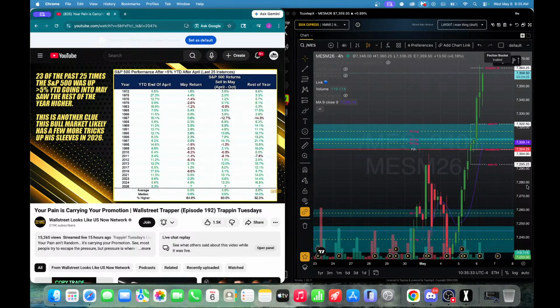Now, what it is saying is the S&P return between April and October, right? Based on the same years, you only had 1, 2, 3, 4, 5 years out of all those years that was negative. But the average return between April and October with the selling in May intact, you got an average of 3.9% return.